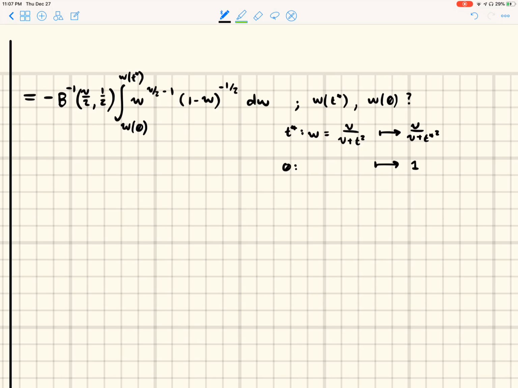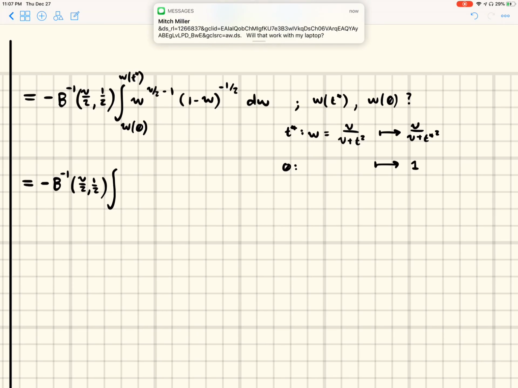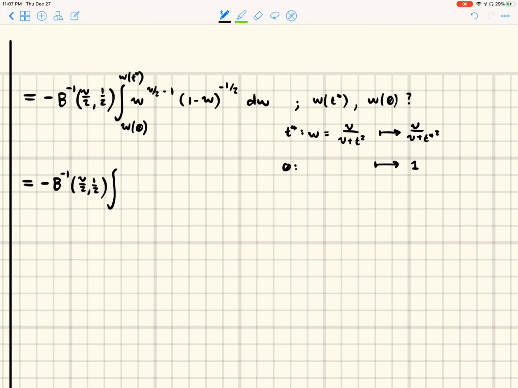So this is for t star, and this is for 0. We get 1, which allows us to rewrite this integral as negative beta of these two values from 1 to this upper limit of integration.